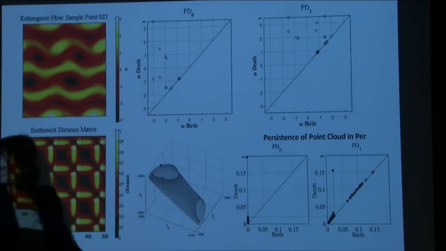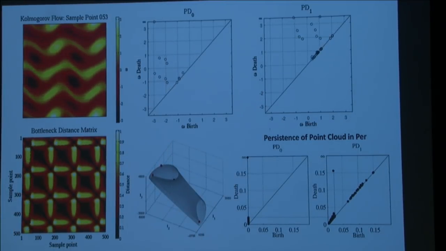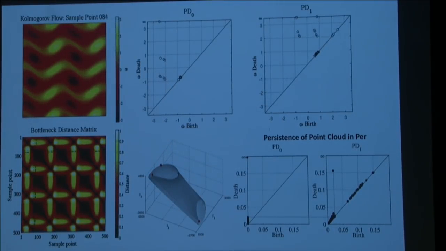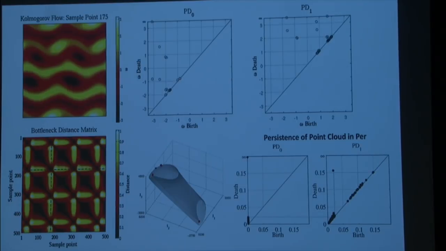So that picture in the upper left is one sample point? Yes, exactly. And then we take a time series of 500 of those. What's the color indicating, omega? That's the vorticity. That's how much swirl, counterclockwise and clockwise swirling. Exactly.